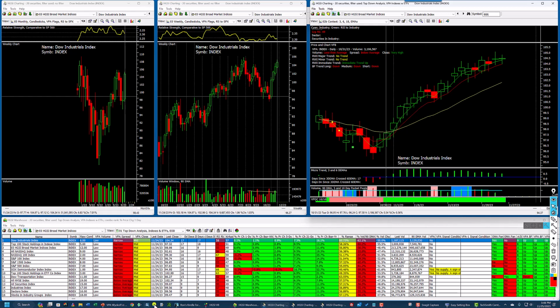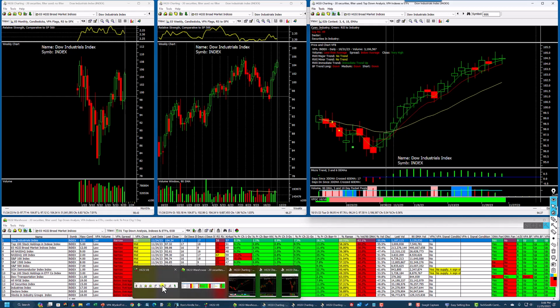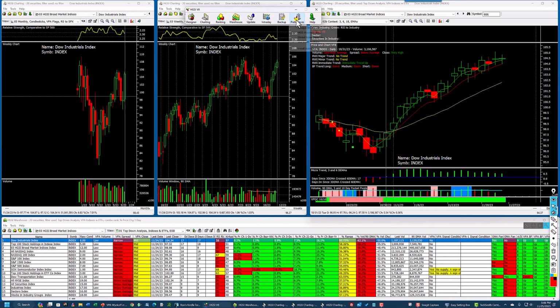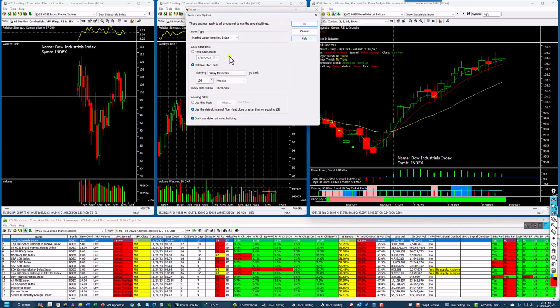Now, if you don't know how to do that, just go up under Preferences, Global Index Options, and select Market Value Weighted, relative start date of Friday this week, but use 104 weeks rather than 52. I like to see a longer chart.